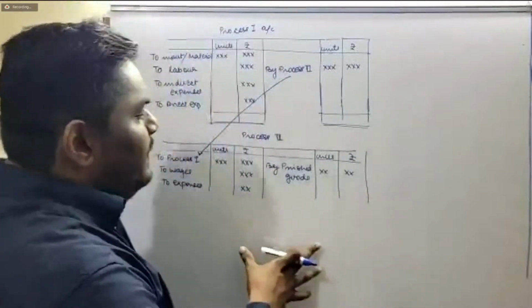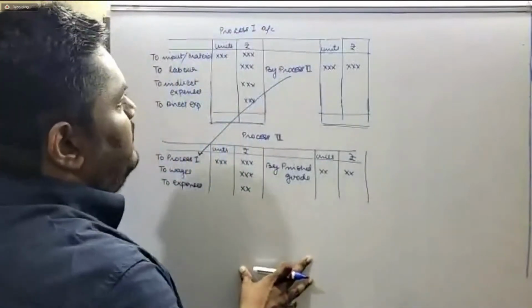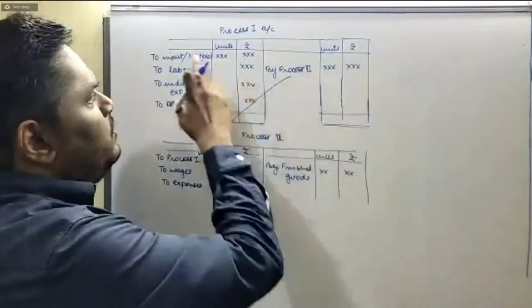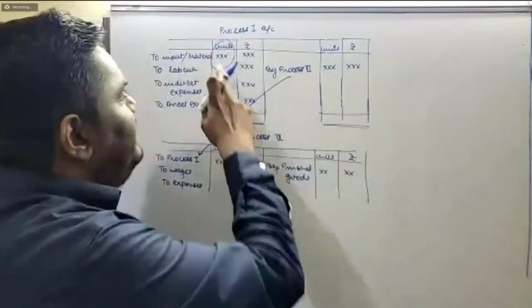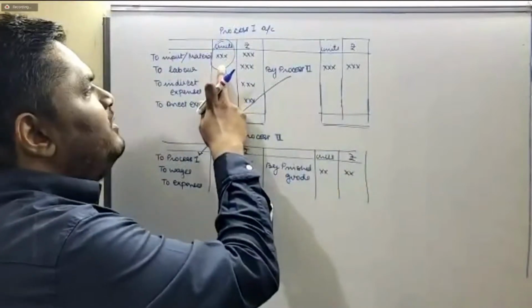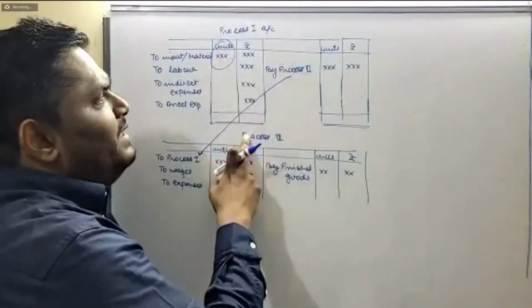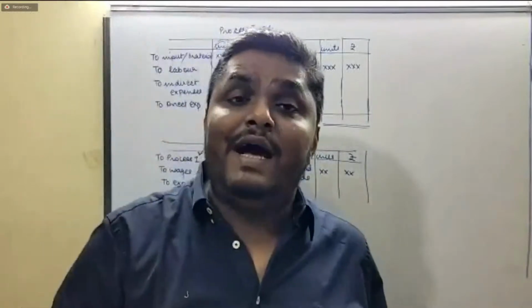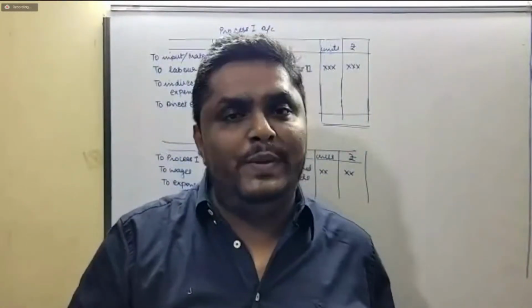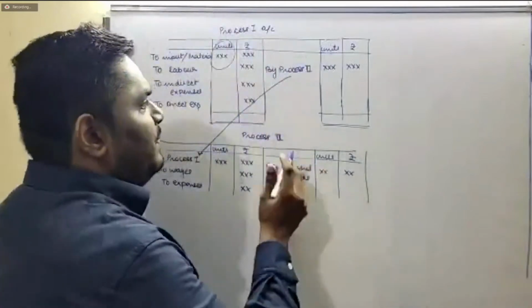So when talking about the basic pro forma of process account, the input or raw material is transferred to process first, plus all the costs that are incurred in process first. On the credit side, we'll write the output of process first, that is to be transferred to process second.